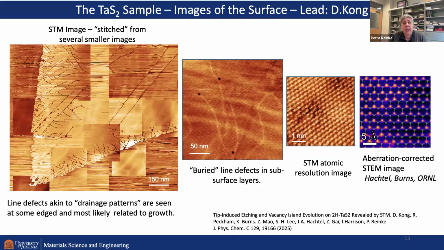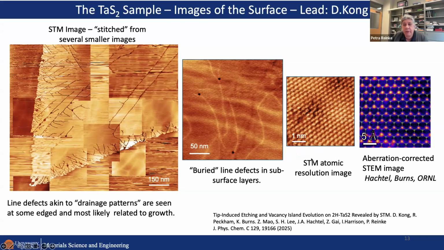You can also see these buried line defects. These are line defects from the surface, but they are overgrown with the next few layers. The reason I show you that is because they're also of interest for the etching pattern which develops.